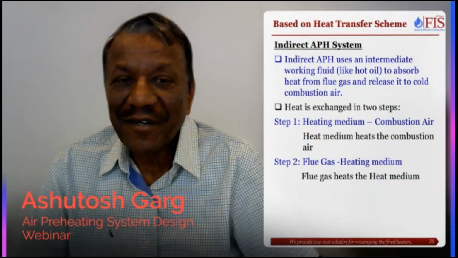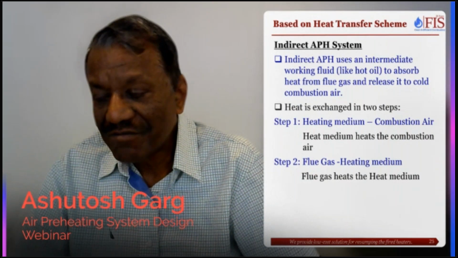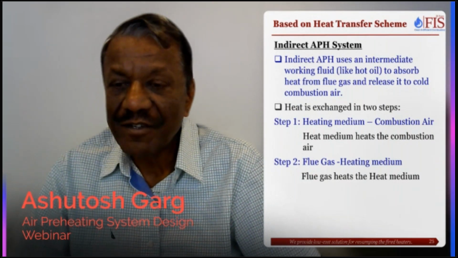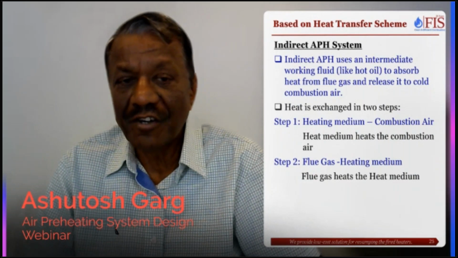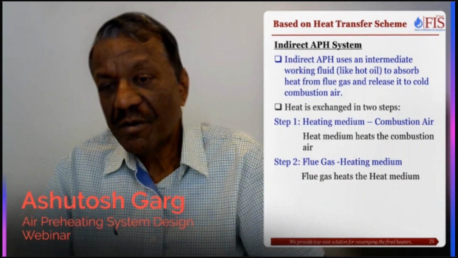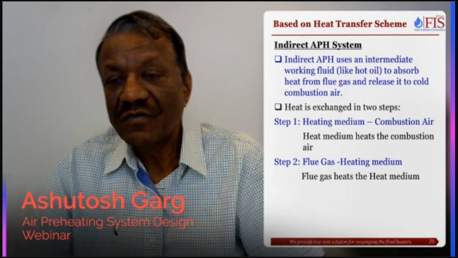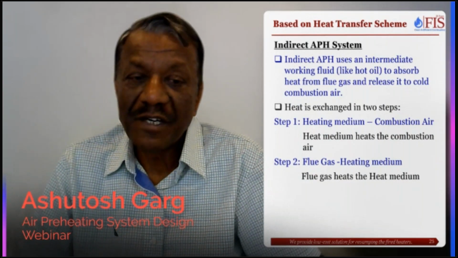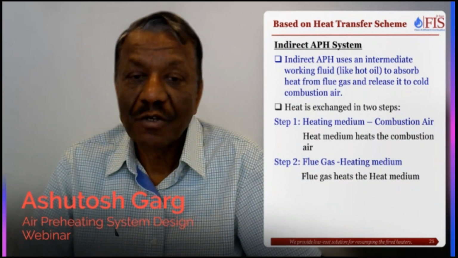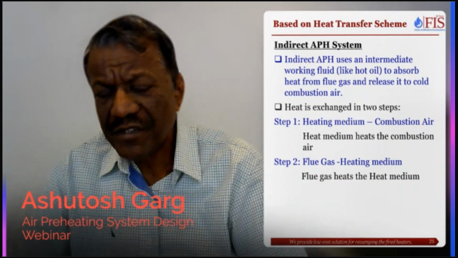Indirect air preheaters, as I said, involve an intermediate fluid. It could be the process fluid or it could be a hot oil. The hot oil absorbs the heat from the flue gas and then transfers it to the combustion air. So, a very unique system.